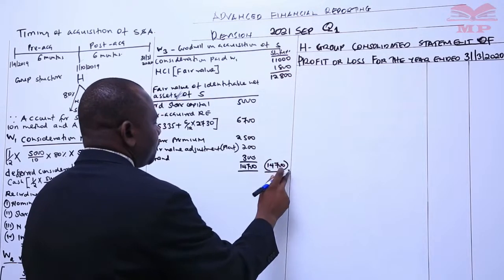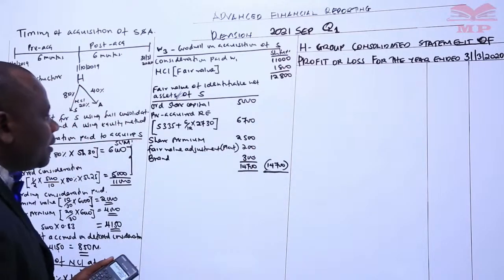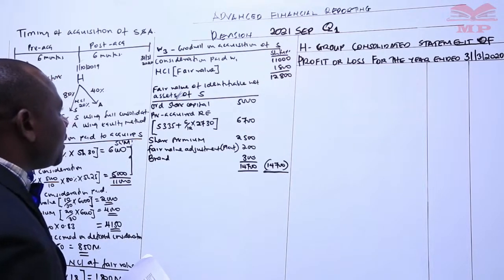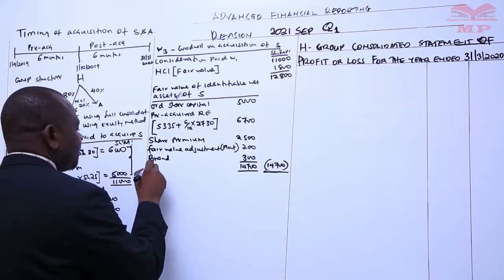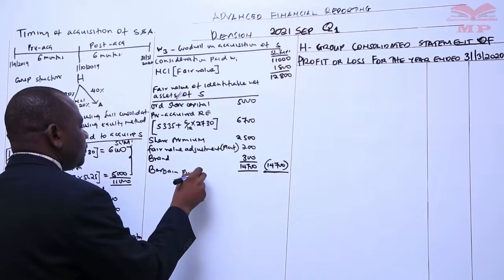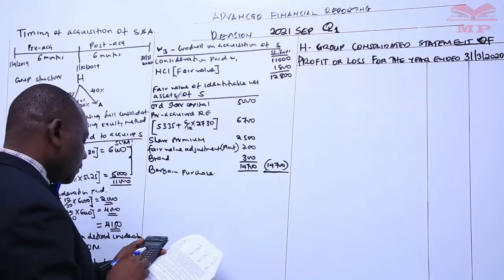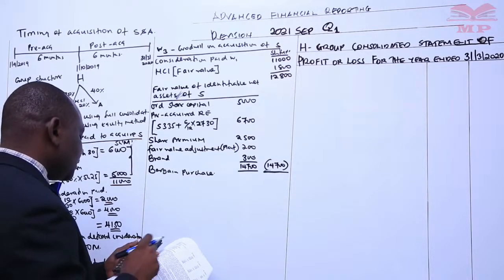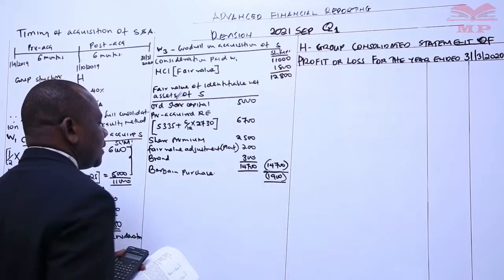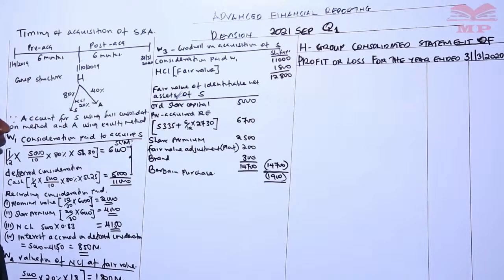Now, if you compare the fair value of net assets with the consideration paid, you can see there is a bargain purchase. That means we are paying less than the value of the assets we are acquiring. Bargain purchase, negative goodwill: 14,700 minus 12,800, you get 1,900. A bargain purchase is an income to the group, to the parent.